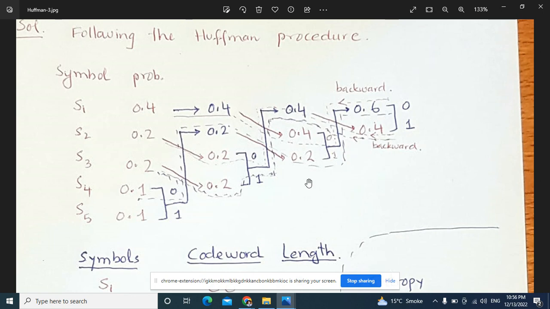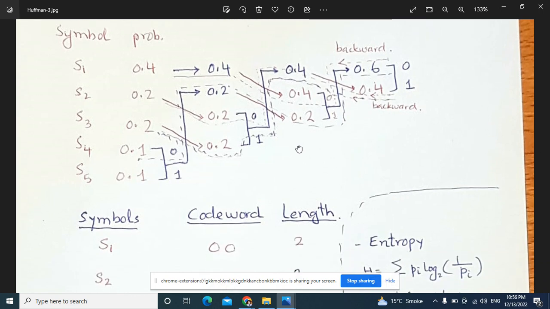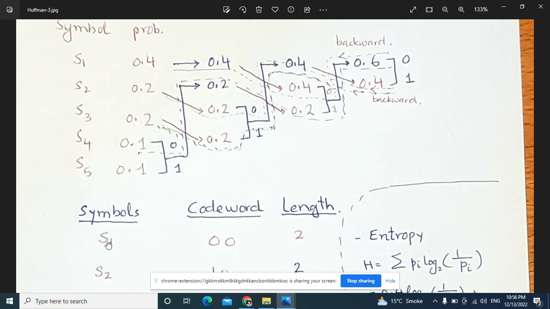And then you need to calculate the code word for each symbol S1, S2, S3, S4. The first symbol is S1. So you need to start from here, and this is the path from here to there, and then this path, and then from here to this one.